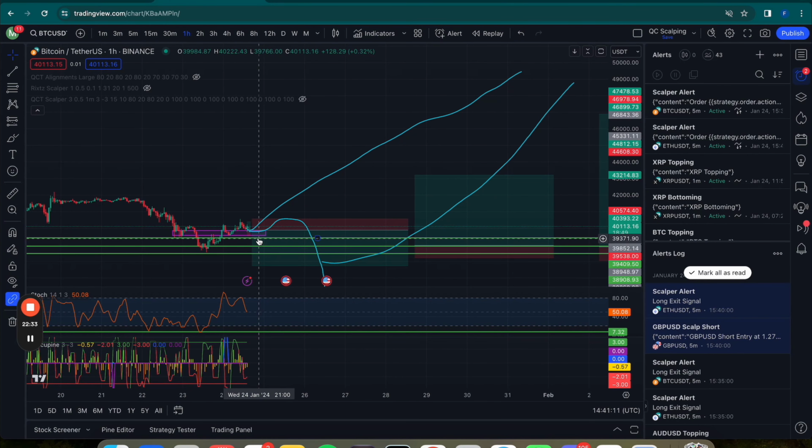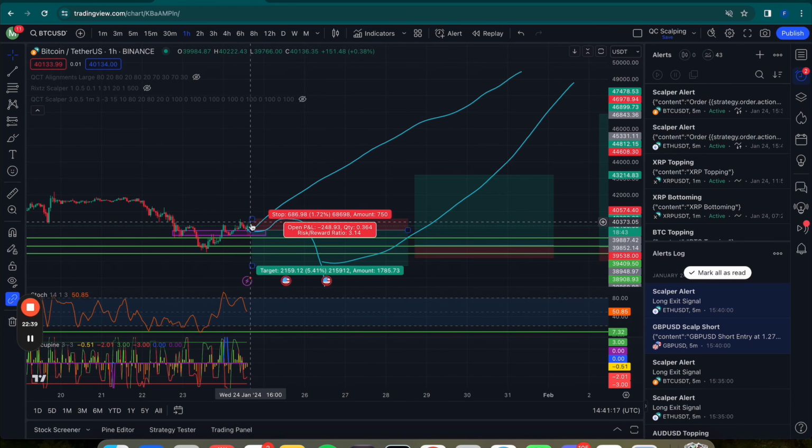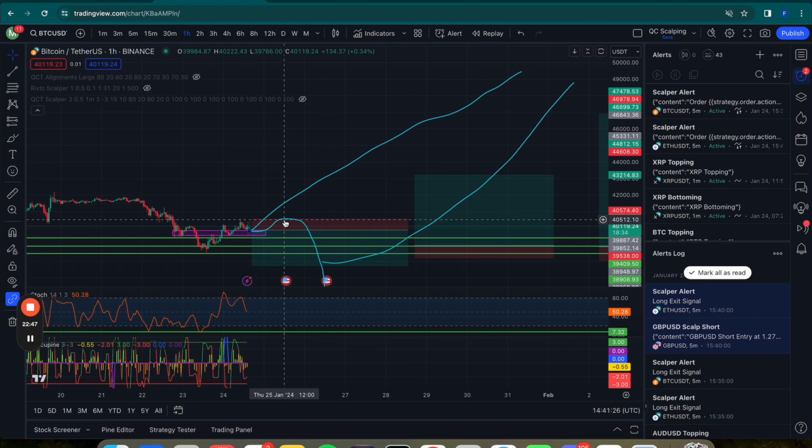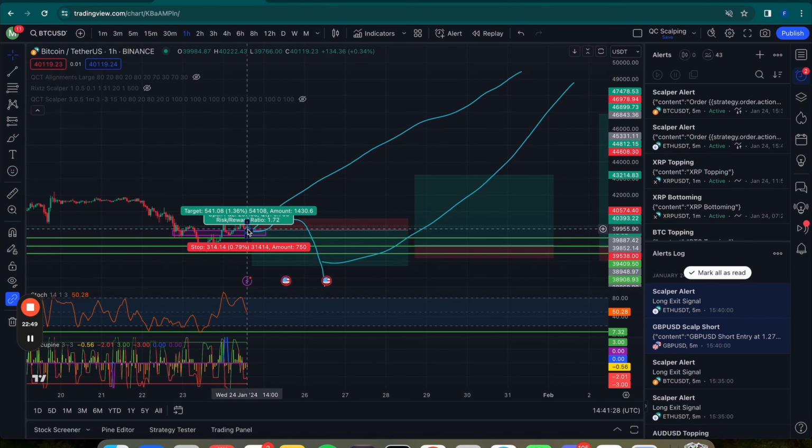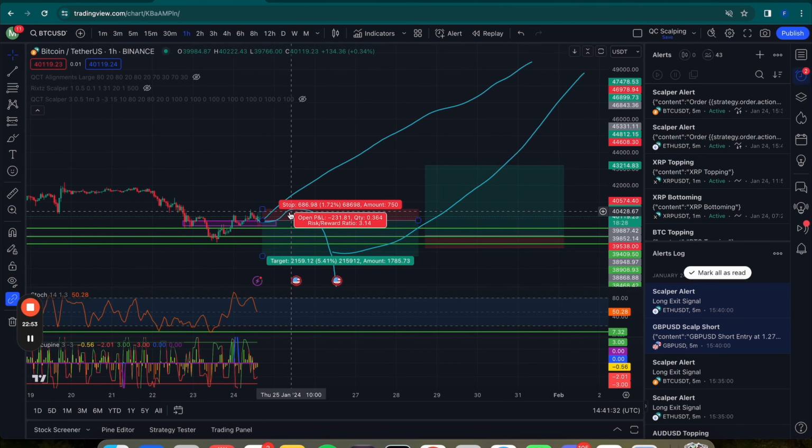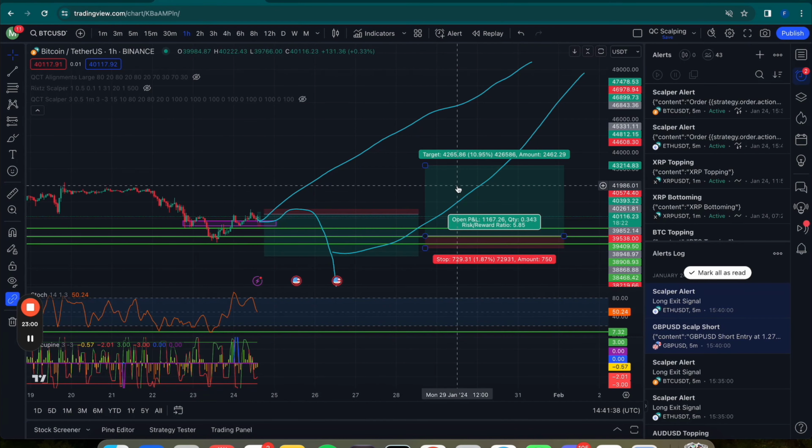Scenario number two is we get to our tops and we start turning down. So as we go to these levels, even when we're still long, we'll start averaging into our short with a larger size than we had for our scalping longs. And there, the possibility is that we get our average entry somewhere here.